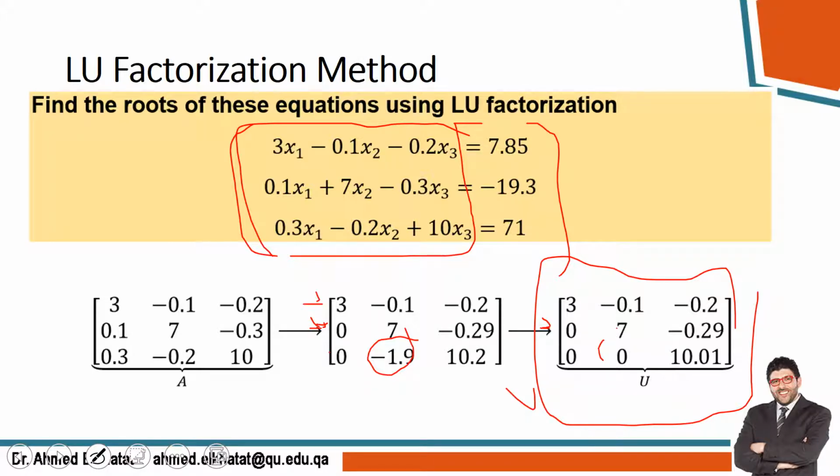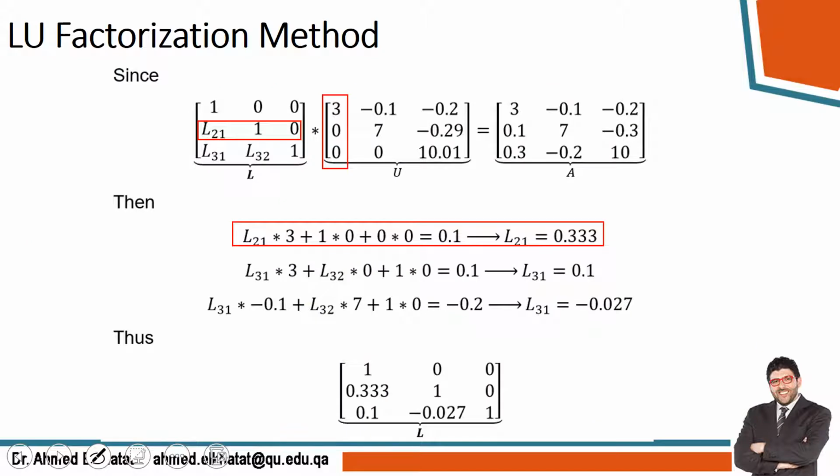So how do we get the lower triangle matrix? It's not difficult, but still a little bit tricky. We consider this a lower triangle and construct it with ones on the diagonal, then L21, L31, L32. L21 is the second row, first column; L31 is the third row, first column; and L32 is the third row, second column.